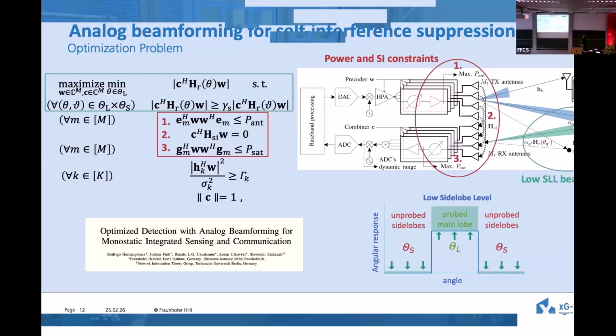You can relax this, and basically we use projection methods on closed convex sets. It's like a fixed point algorithm, and then we perturb this fixed point algorithm to achieve some additional goals. And this here is the classical SNR constraint, to ensure some kind of communication quality.